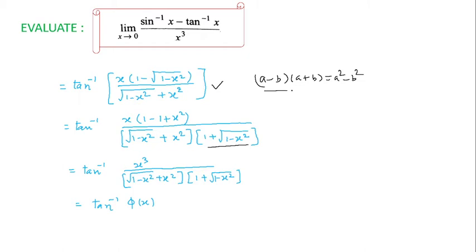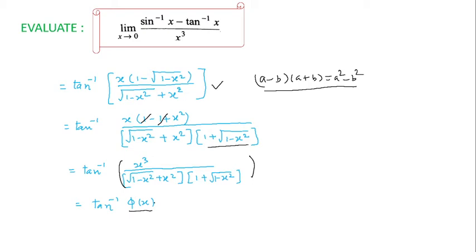This 1 and 1 cancel, and ultimately it is tan inverse of x cube divided by under root 1 minus x square plus x square into 1 plus under root 1 minus x square. Let us call this expression in x as phi x.